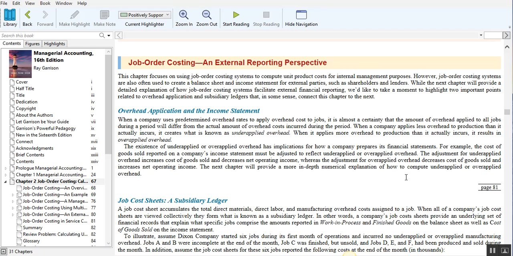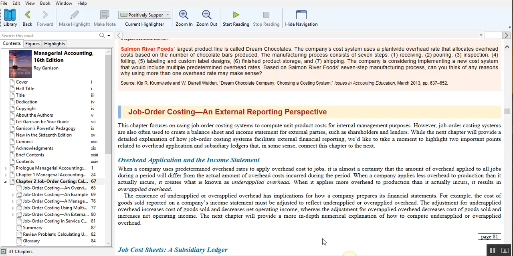If we apply too much overhead to the cost of the product, we'll have over-applied overhead. If we don't have enough cost assigned to the product, we'll have under-applied overhead. But almost certainly it will differ. It'll vary from what we calculated as a projection to what we actually have.